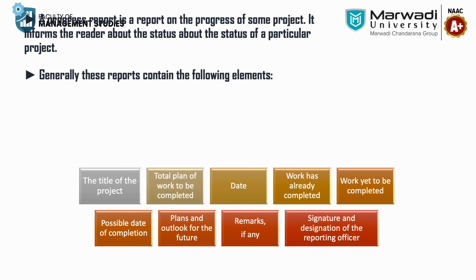So senior top management would like to know where we are on the project. So then you will have to share a progress report, talking about where we are, how much has been done, what are the expected dates of completion, and what are the plans for the future. So that's how it is.